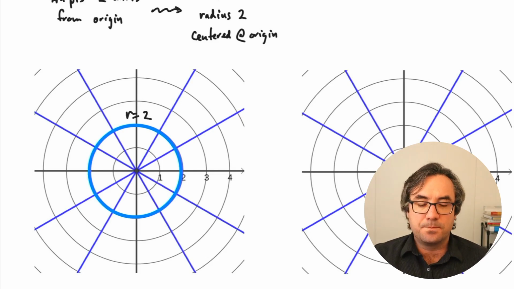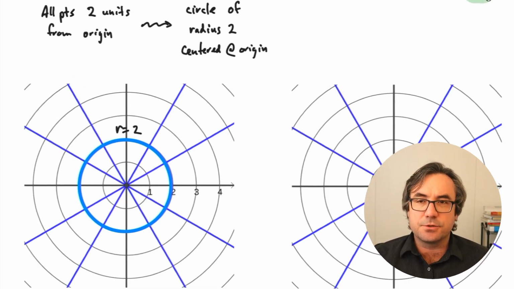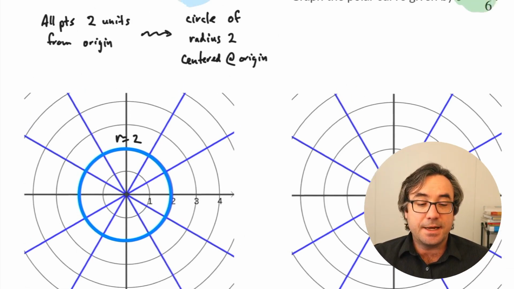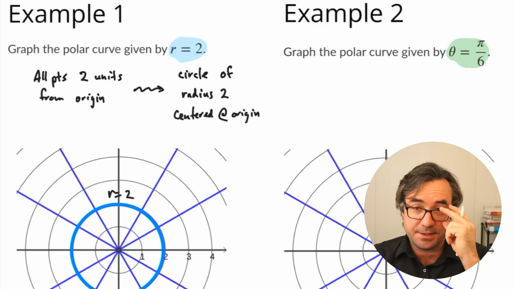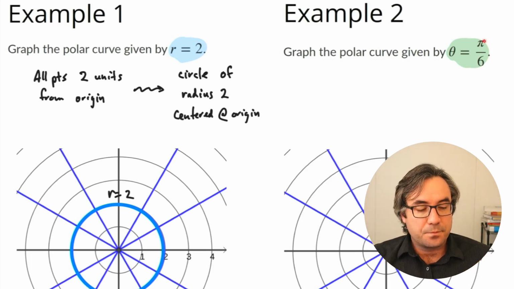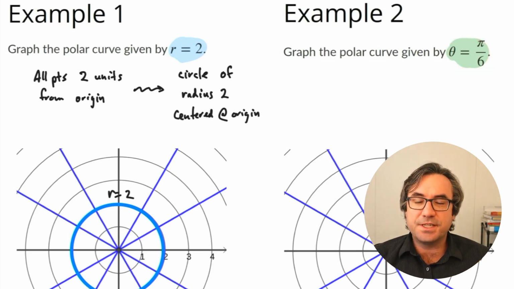All right, now maybe a little trickier is the next one. What does it look like when we have theta equal to a constant? Well, when theta is equal to pi over 6, we want to start by finding the pi over 6 ray.